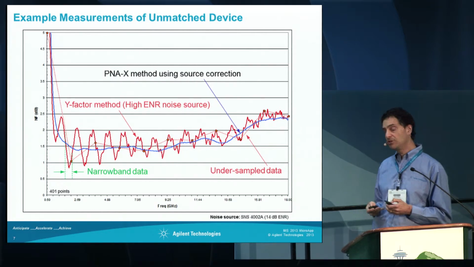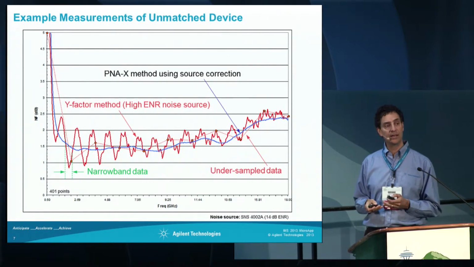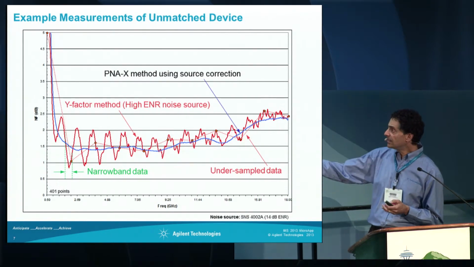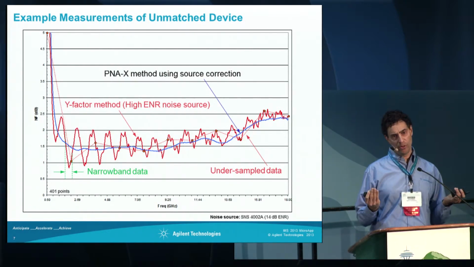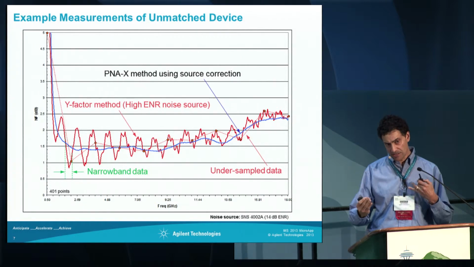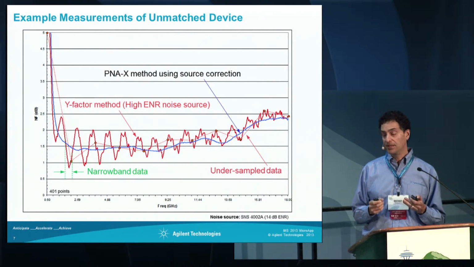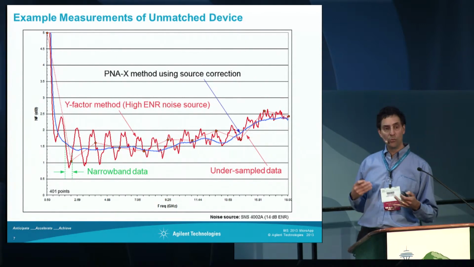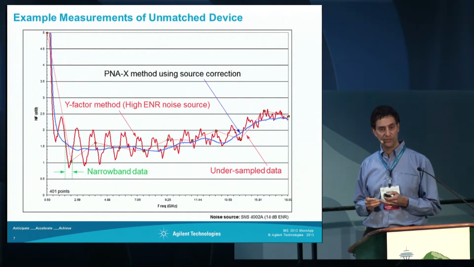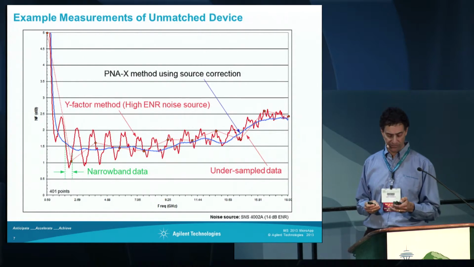But this shows there's still underlying measurement uncertainty. Now in this case, it's plus or minus half a dB or more. It's not always that bad with Y-factor. It depends on a lot of things. But the takeaway is that the PNA-X corrects for these, so it works in a much broader range of environments, basically any noise figure environment.